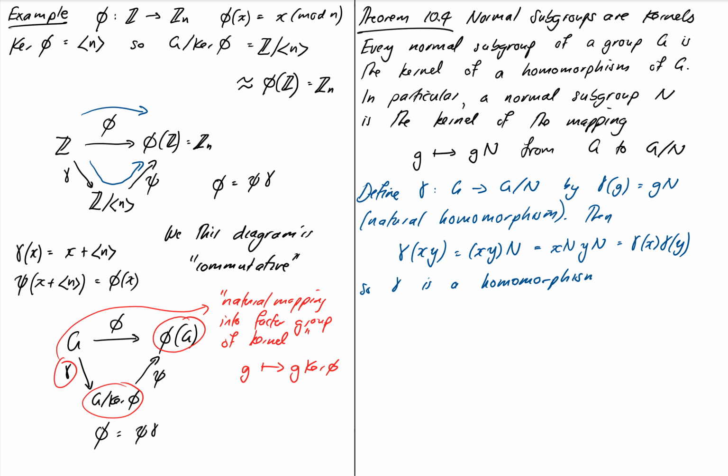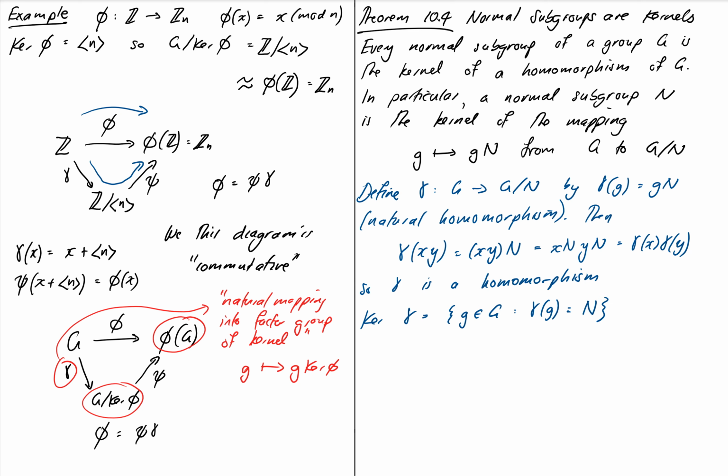So far so good. Now we've established that this is definitely a homomorphism into the factor group of N in G. Now we need to double check that the kernel of it is indeed N. The kernel of gamma is equal to the set of all elements in my group G such that gamma of g is equal to the identity of my quotient group, my factor group. And we know the identity is this normal subgroup itself.